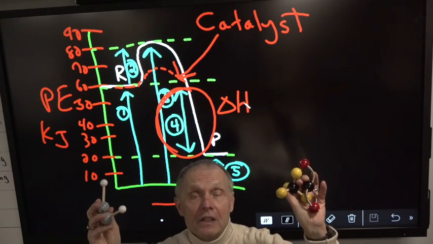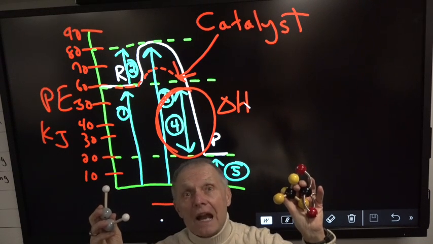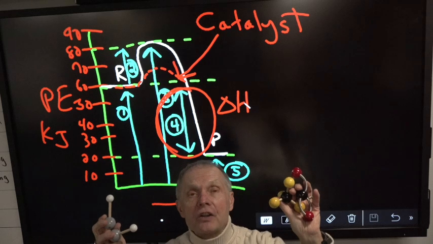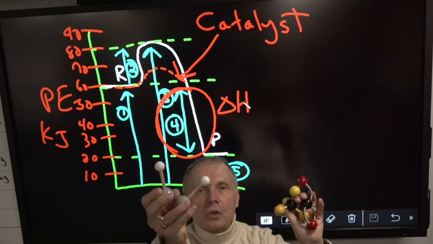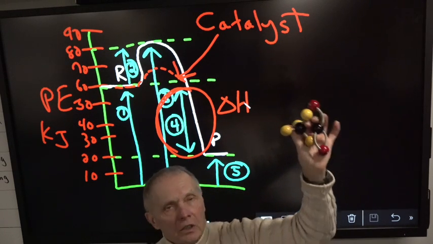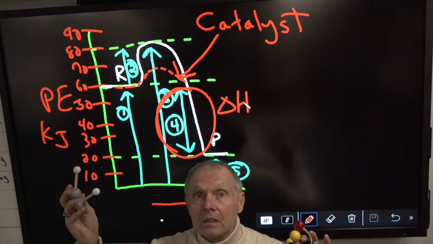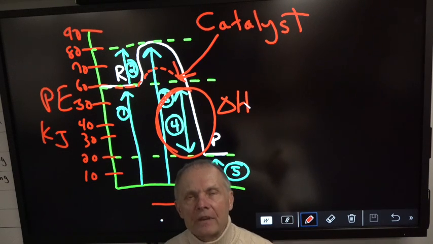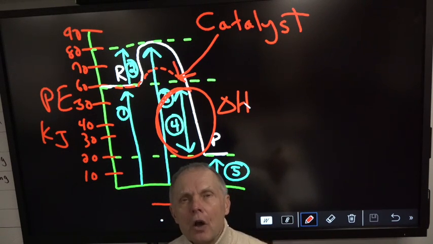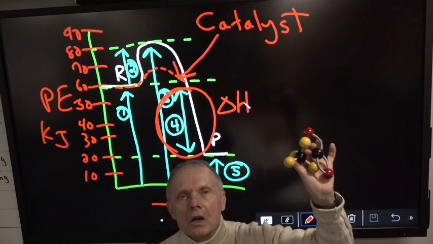And obviously, the first thing you have to do in order to have a chemical reaction after you have a proper collision and enough activation energy is to break the old bonds. So how much energy would it take to break 2 bonds compared to how much energy would it take to break 8? So the fewer bonds you have, the quicker the rate of reaction. So the final thing that increases the rate of chemical reactions would be the nature of the reactants. If the reactants have a lot of bonds, it's going to be a slower rate of reaction.